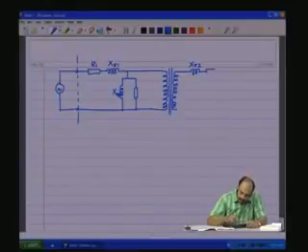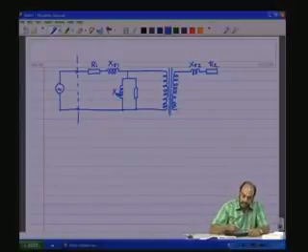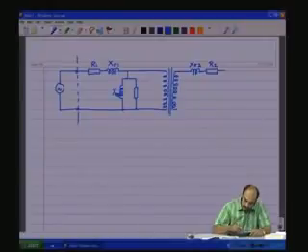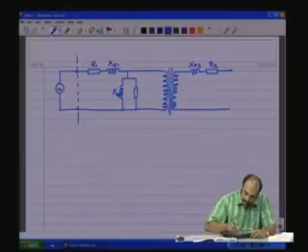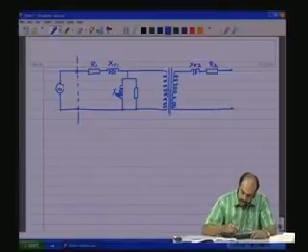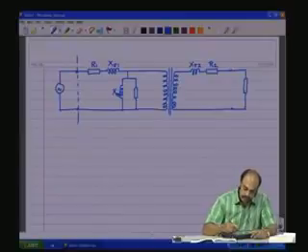This is followed by resistance R2, which is the winding resistance of the secondary coil. This goes to the secondary terminals, and to the secondary terminals we have the load. And this is where the secondary terminals are.